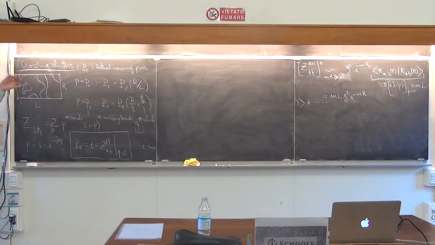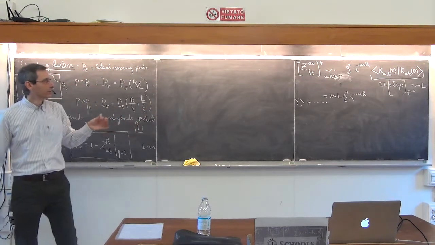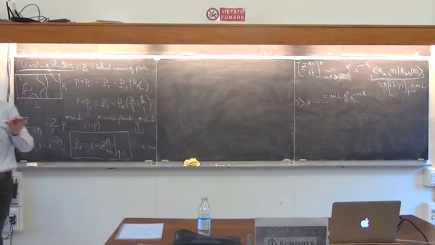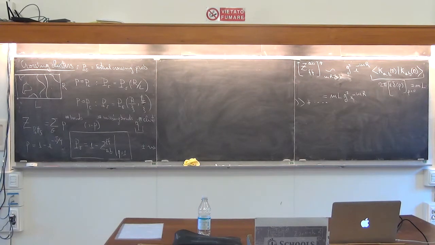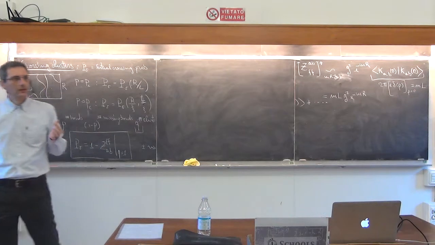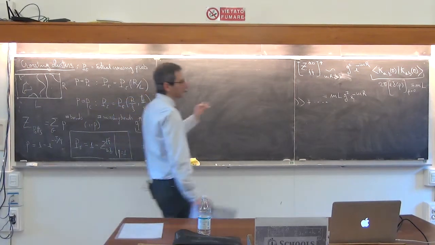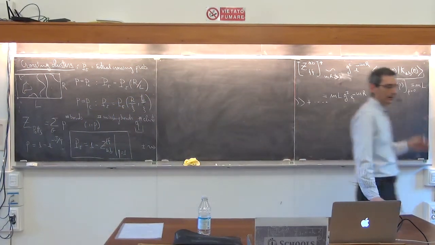There is a one-to-one correspondence between configurations on the original lattice in which there is some vertical crossing, and configurations on the dual lattice in which there is no horizontal crossing. This is something you can see quite easily.